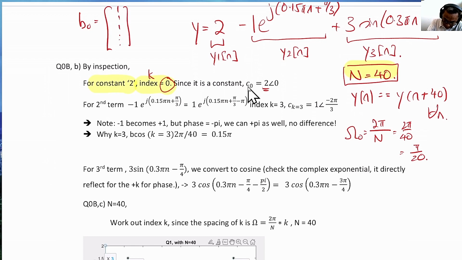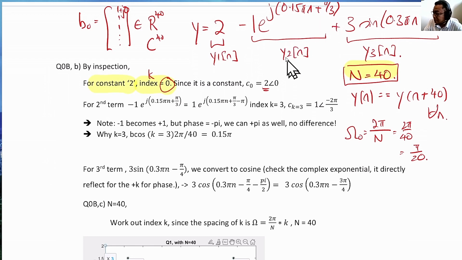How many of them? In this example, it is actually C40, a complex number, but the j part is 0. So B0 is all ones, 40 of them. Multiplying by 2 angle 0 gives you 2 for 40 samples.